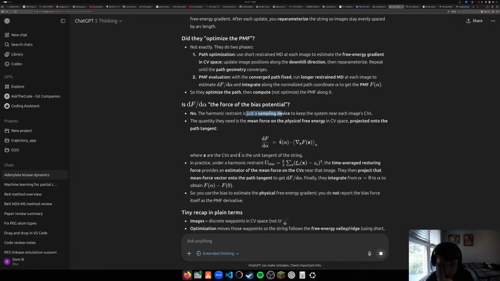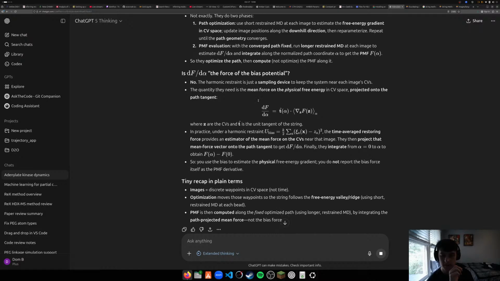No, the harmonic is just a sampling device to keep the system near the images to see the quantity they need, which is the mean force of the physical free energy in CV space projected onto the path tangent. Oh, okay.